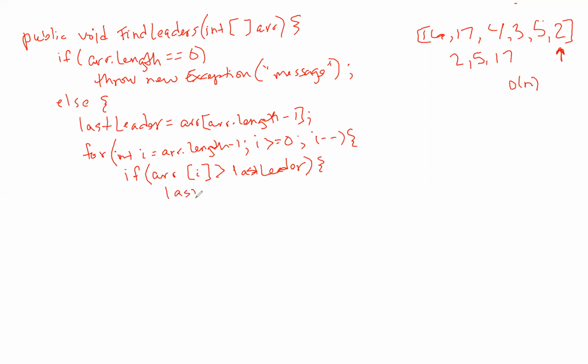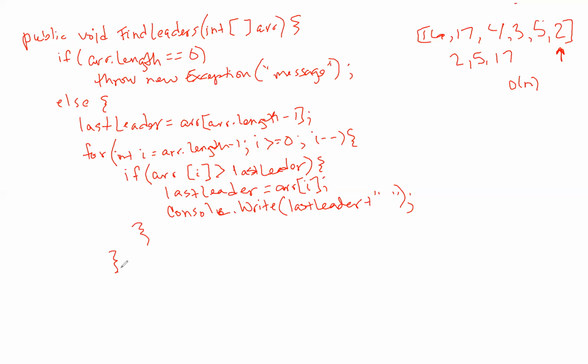So lastLeader equals array[i], and we want to print it to the console, and put a little space in between so it prints nicely. And we'll end that for loop.